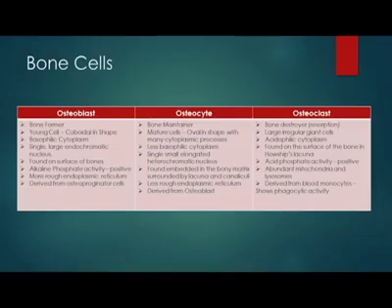Osteoclast is derived from blood monocytes and shows phagocytic activity. Phagocytic activity is an important characteristic of an osteoclast.